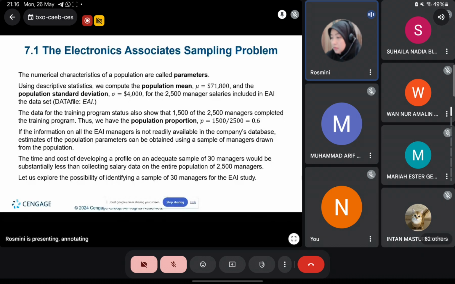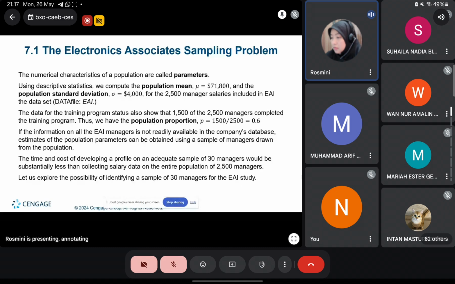Out of 2,500, 1,500 actually completed the training program. So the population proportion p is 0.6, those who have gone for the training, or 60% of the 2,500.